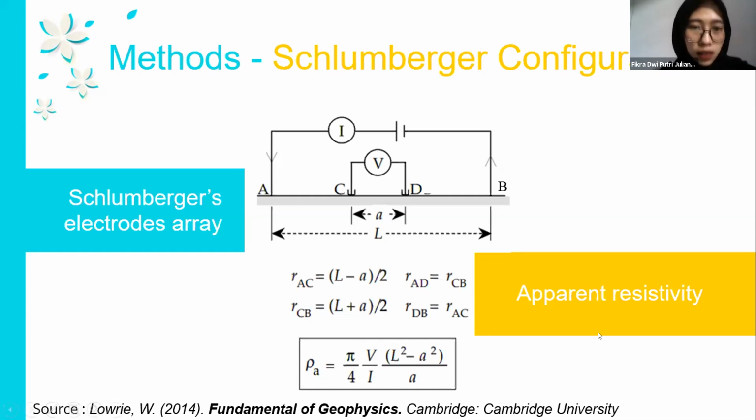And this is the equation, where rho is the resistivity of water.